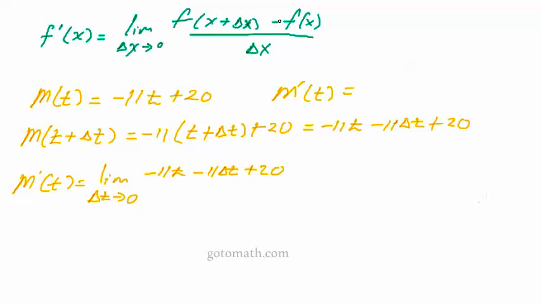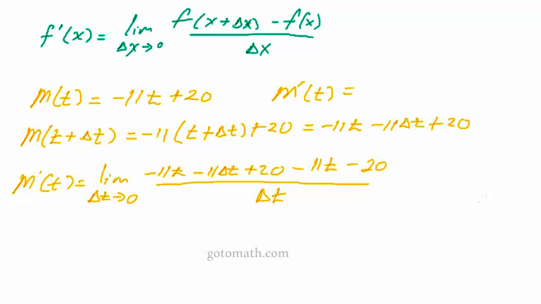And then of course now we have this minus here, and f of x would be our m of t. If you don't mind, I'm going to distribute this minus sign across, so that becomes positive 11t, that becomes minus 20, and now that's all over delta t.